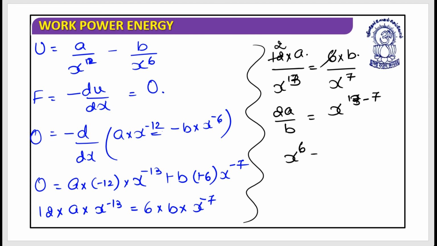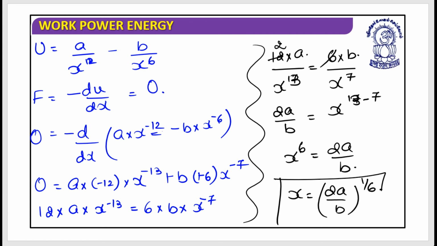So x to the power 6 equals 2A by B, and x equals (2A by B) to the power 1 by 6. This would be the answer. It is the location where your particle, or your system, is in equilibrium. I hope this is clear.